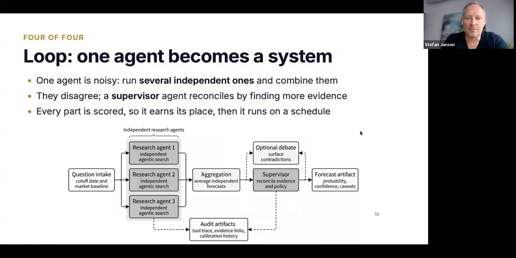And finally, as we look at loop engineering, we first build a system of these various agents. And the way this system is designed is that it uses multiple research agents in parallel. And here again, you have design options. You can have research agents that are identical, where the built-in randomness may lead them down different search paths to run different search queries, obtain different evidence, interpret the evidence differently, just like human forecasters would, and arrive potentially at conflicting answers.